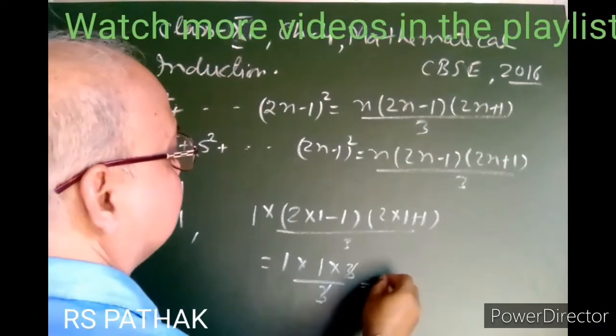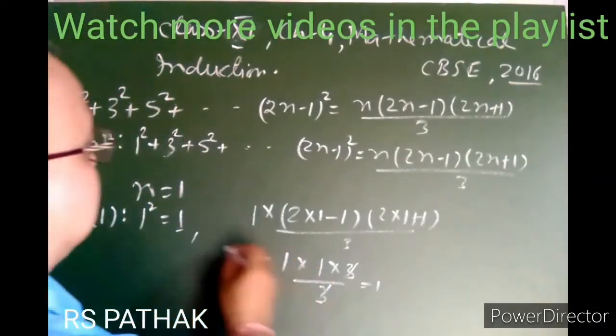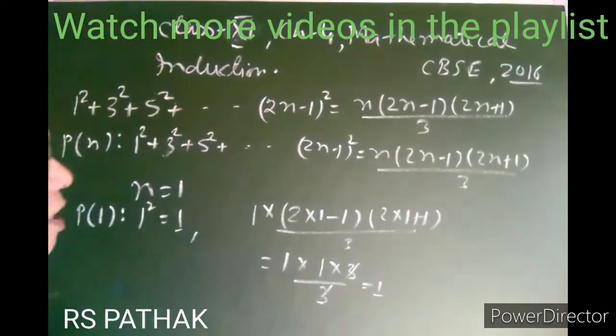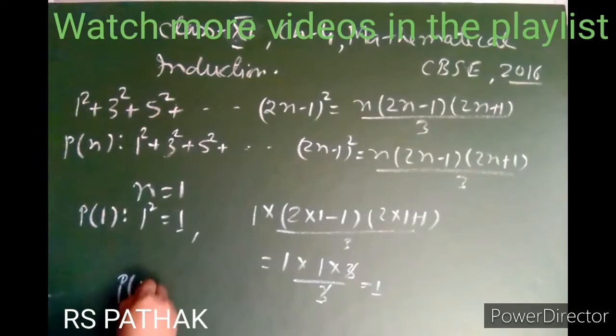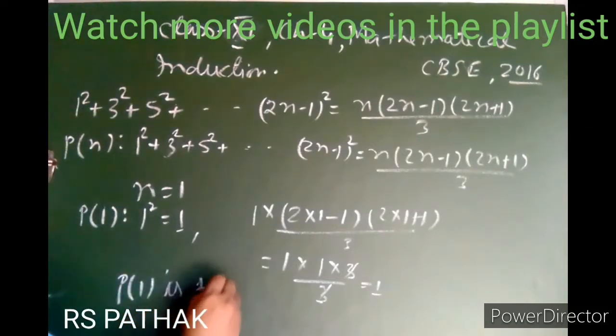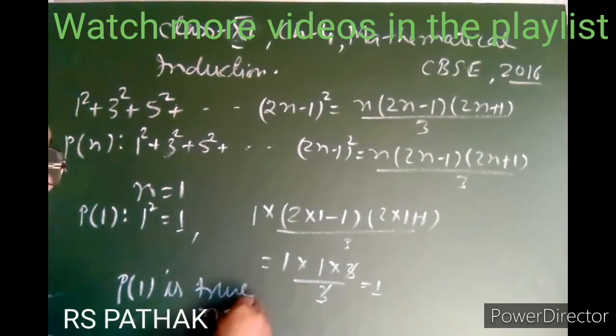The 3 is cancelled, giving 1. Then the right hand side and the left hand side are both equal. So P1 is true for n equal to 1.